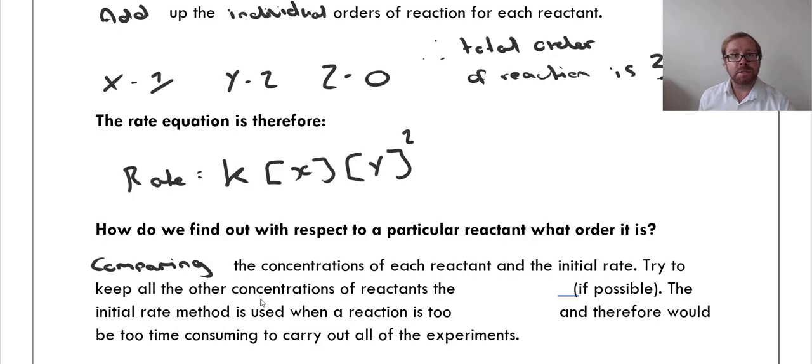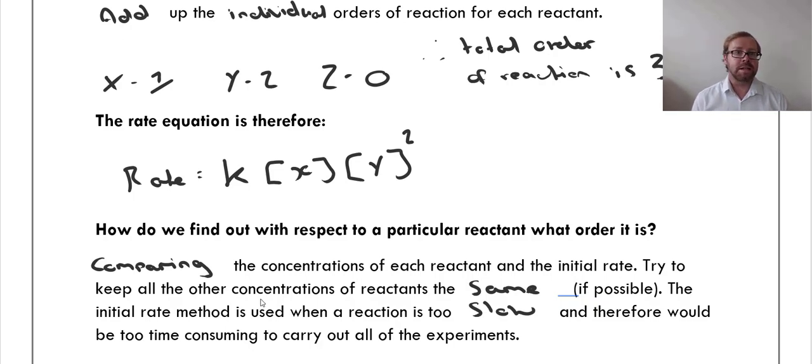And there's some tips to work this out, so try to keep all other concentrations of reactants the same, if possible. And the initial rate method is used when a reaction is too slow and therefore would be too time consuming to carry out all the experiments.